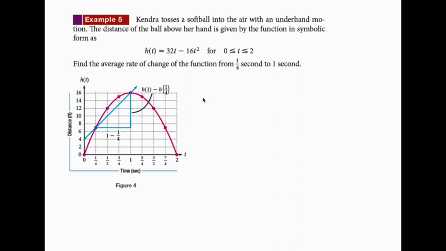Okay, so we're going to take the difference in the y's. So we have 2 points here. We have the independent variable, that's our 1/4. And then our corresponding y value, using function notation, would be h of 1/4. So that's our first ordered pair.